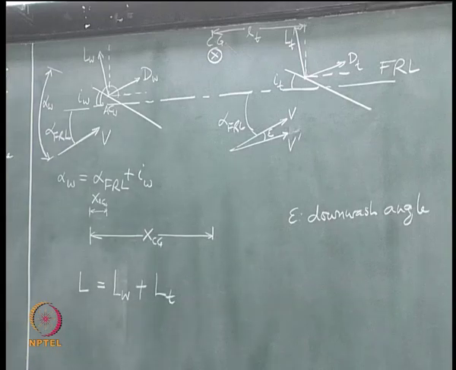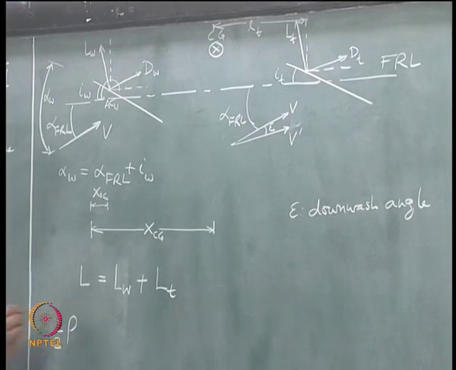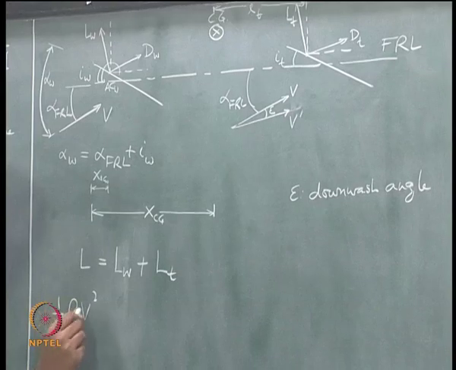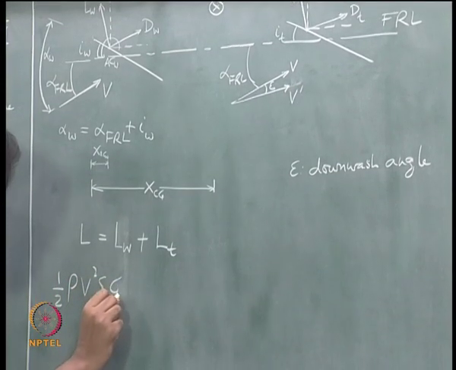So, we want to look at the lift coefficient of the complete airplane. So, this is how you write the lift, which is half rho V squared S into CL.